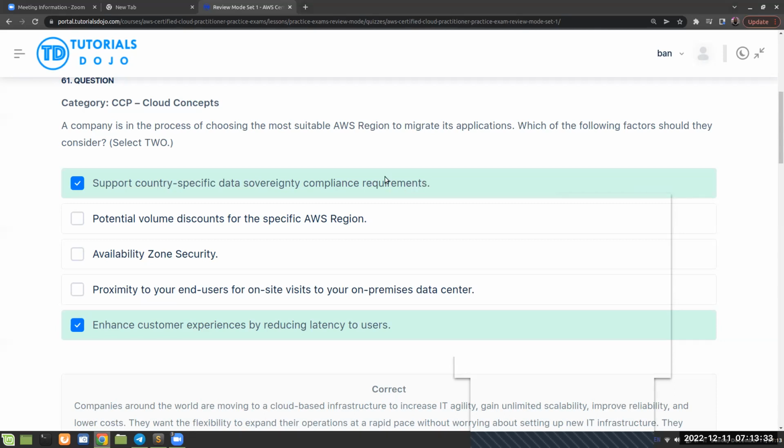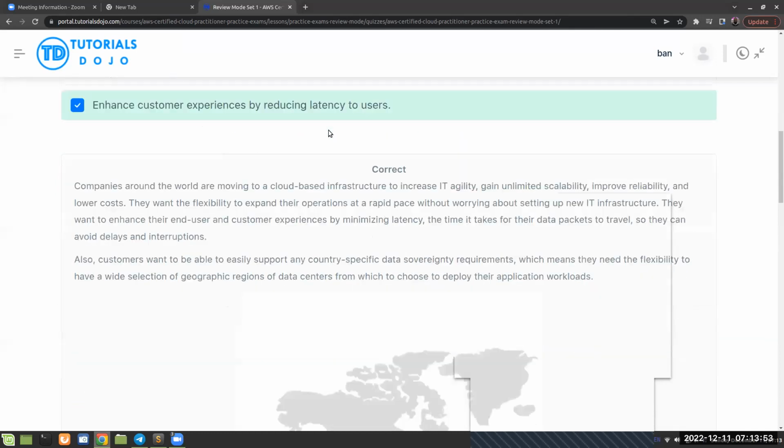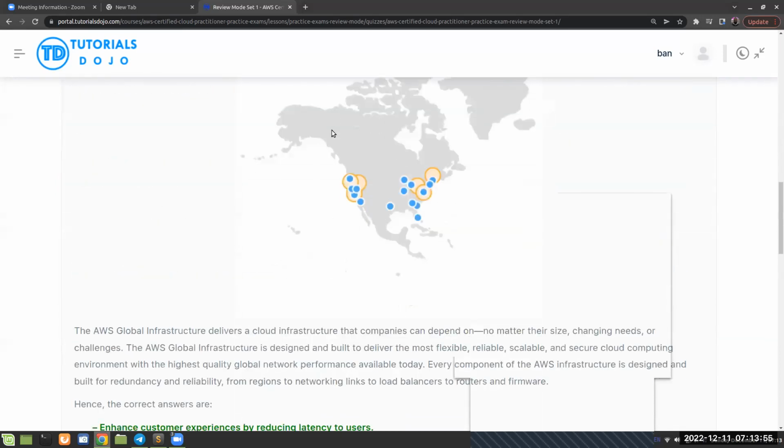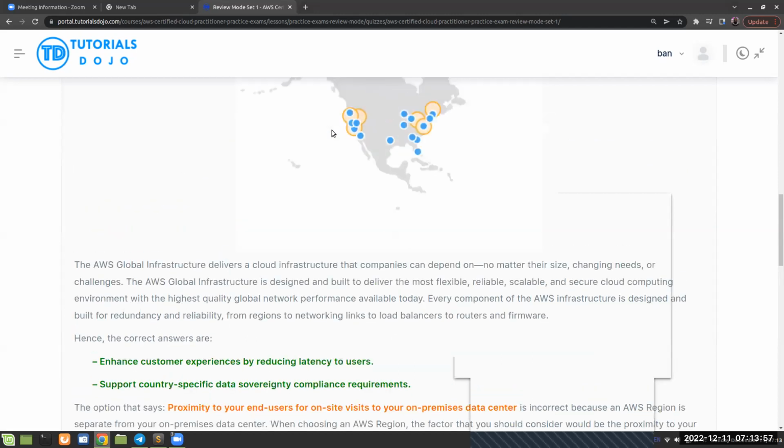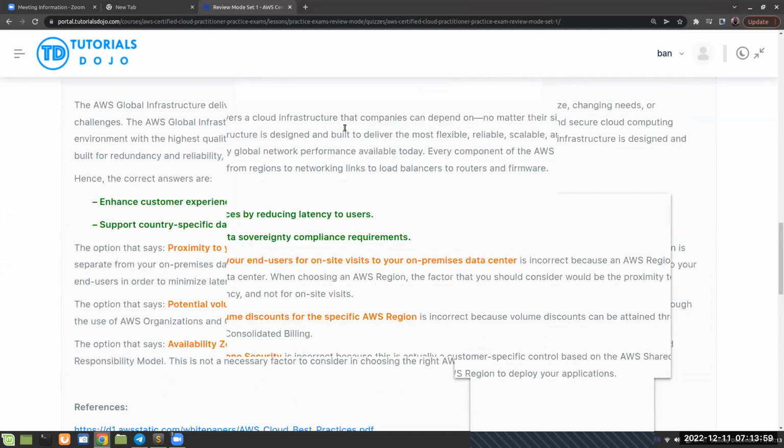So depending on what you want to do, you have to ensure that works. And then you always pick a region that is closer to your users so that you have lower latency. Volume discounts and availability zone security are not considered when picking a region. So those are the two options, A and E.